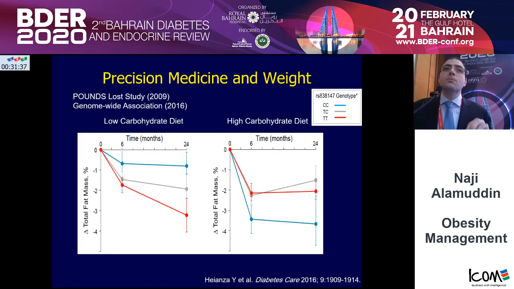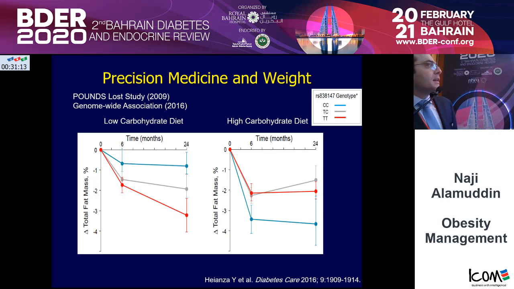Now, I want to briefly mention where this is going, the idea of precision medicine. The hope is that at some point we will be able to predict which person will respond to which diet. So the study that I presented earlier, where I told you that a calorie is a calorie, they've reanalyzed the data and looked at certain SNPs from a gene called FGF1.